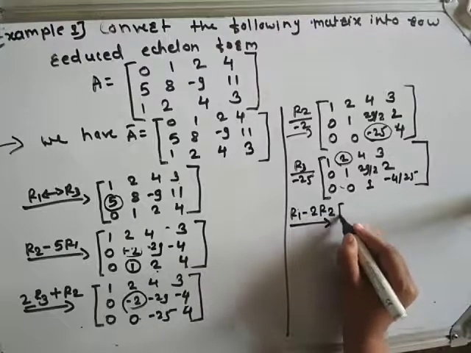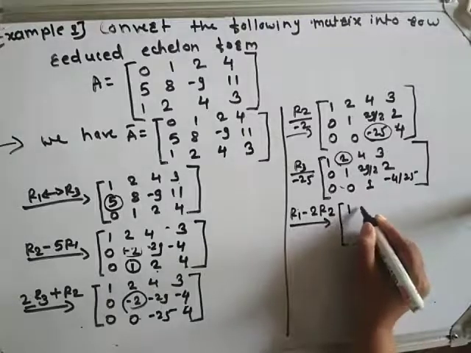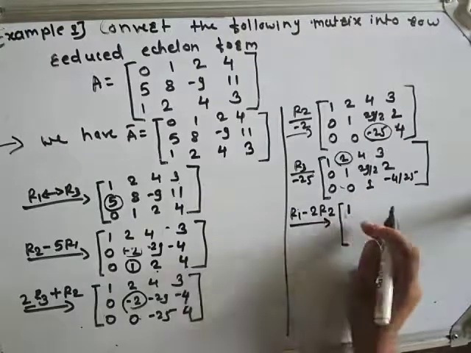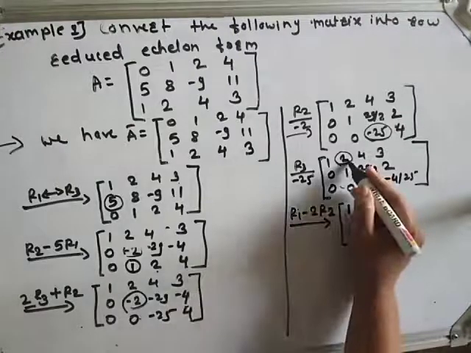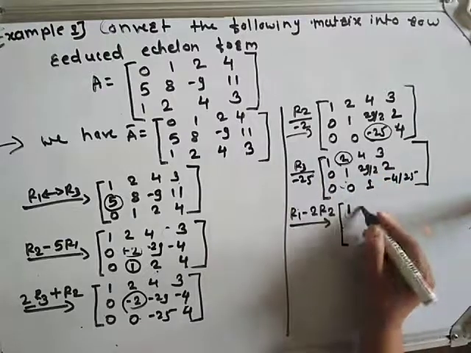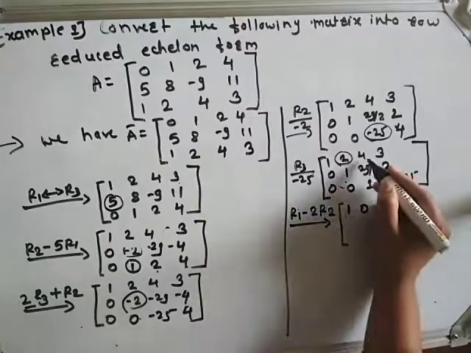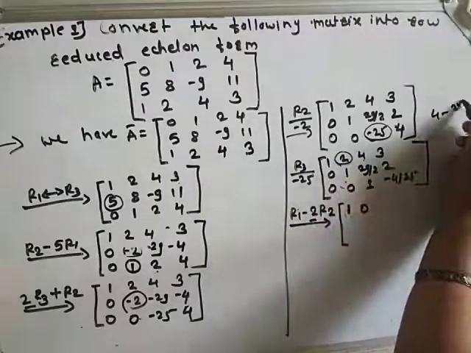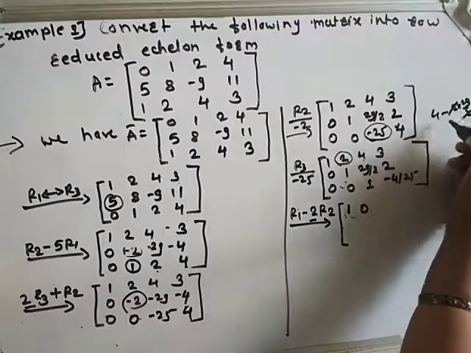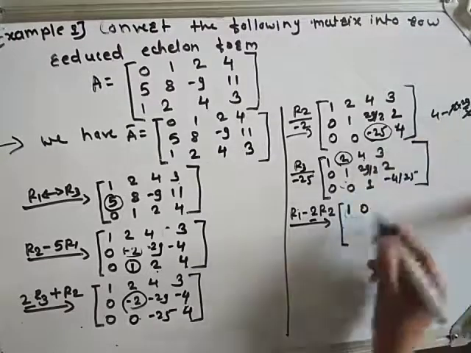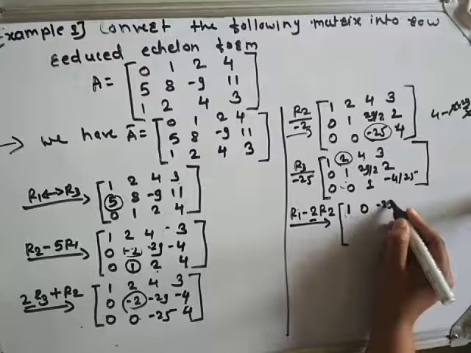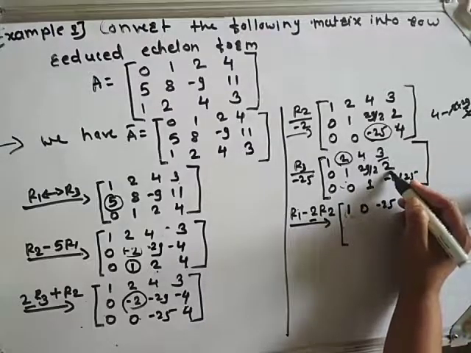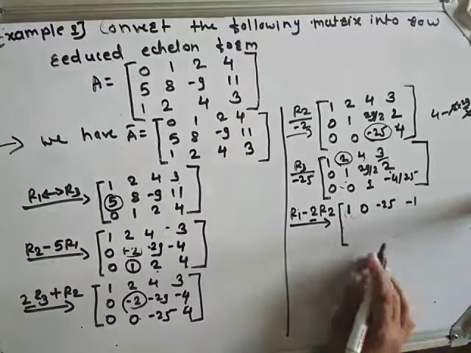We get the matrix: 1 minus 0 is 1; 2 minus 2 is 0; 4 minus 2 into 29 by 2, the 2 cancels, 4 minus 29 we get minus 25; and the last entry is 3 minus 4, which is minus 1.